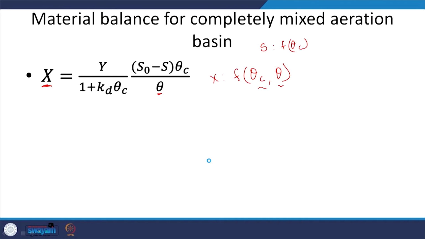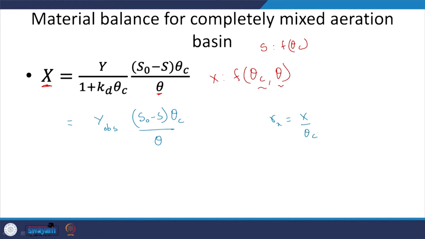Okay, X is Y by 1 plus kd into theta c, or Y observed. We know that is equal to Y observed into S naught minus S into theta c by theta, and Rx I know is X by theta c.